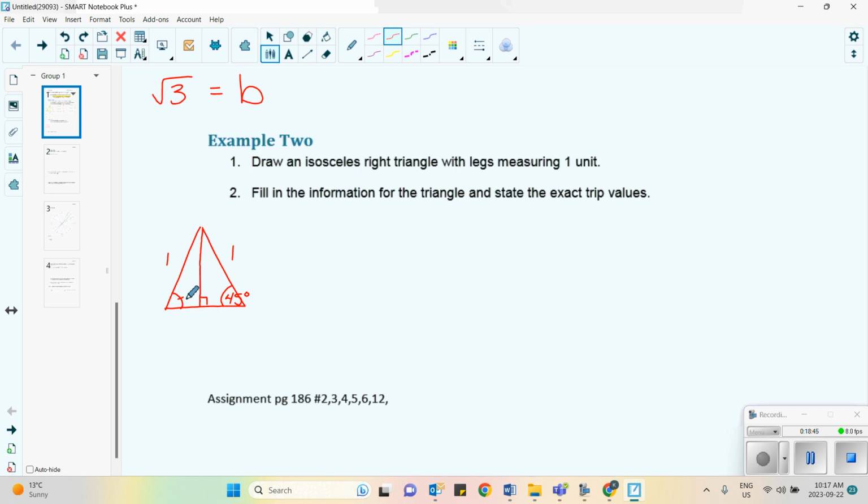All right. Maybe I gave bad information on this one. Because if these two are 45, what does this angle need to be? 90. Does that look like a 90-degree angle? No, it doesn't. Maybe let's draw, you guys all did that in erasable pens, right?